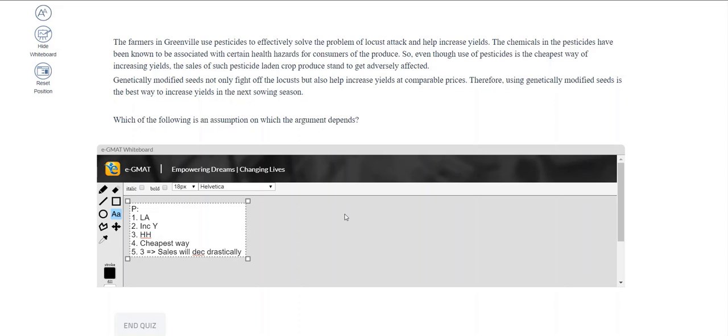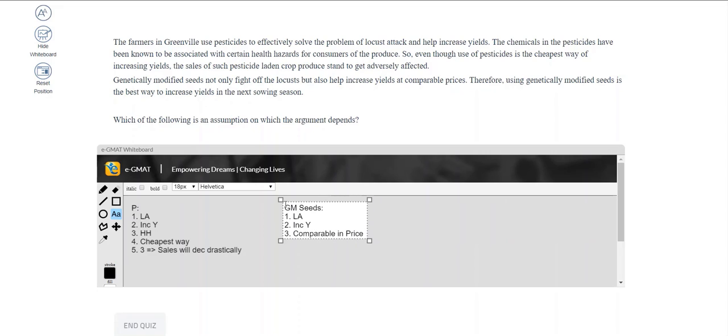Now let's move on. Genetically modified seeds not only fight off the locusts but also help increase yields at comparable prices. So we got multiple data points from here. So let's talk about genetically modified seeds. We'll call it GM henceforth. What do you know about them? They also help fight against locust attacks. They also increase the yield and are comparable in terms of price.